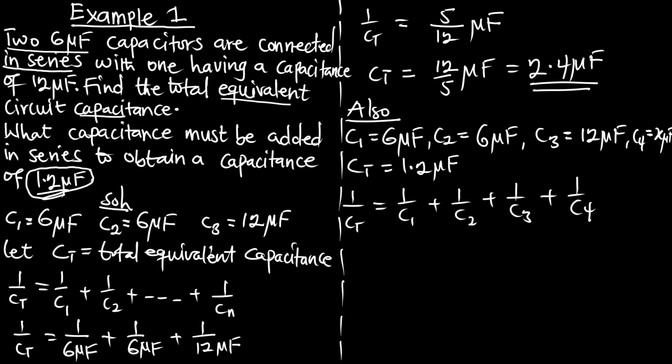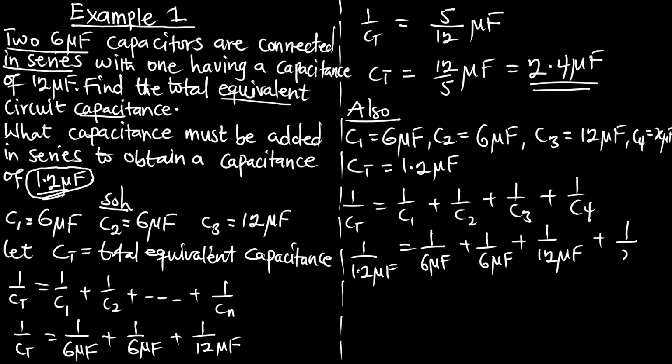So when we put in the values, 1 on the total, which is 1.2 microfarad, should be equal to 1 on 6 microfarad plus 1 on another 6 microfarad plus 1 on 12 microfarad plus 1 on X microfarad. So from this, we are going to make X the subject.